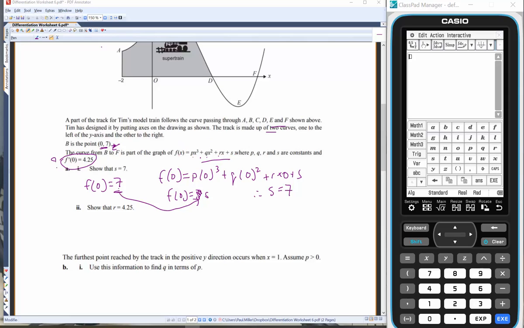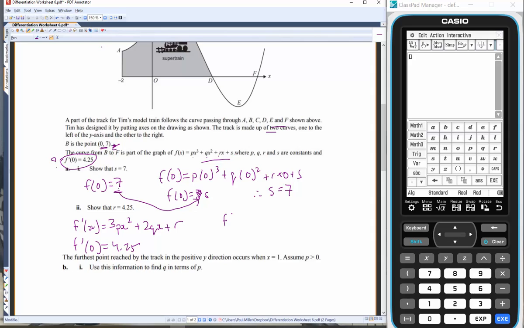We're going to get the derivative of this function here. So we'll get f'(x) equals 3px squared plus 2qx plus r. And we're going to note that f'(0) equals 4.25 from the information.